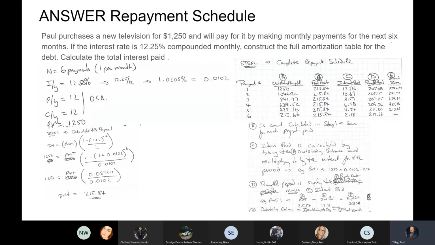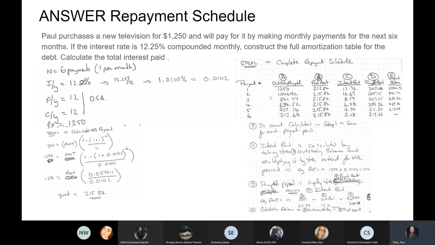So this one and this one added together will come up to $215.84. We subtract $203.08, which is the principal repayment, off the original amount, which is $1,250, and that will give us the ending balance there.